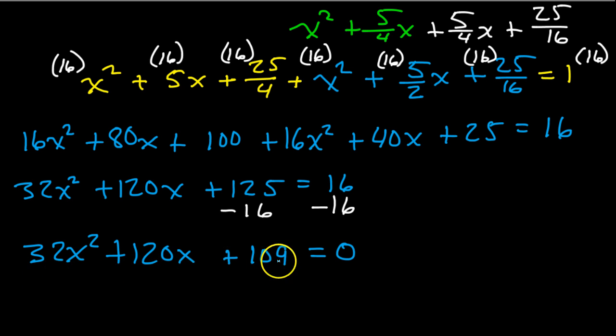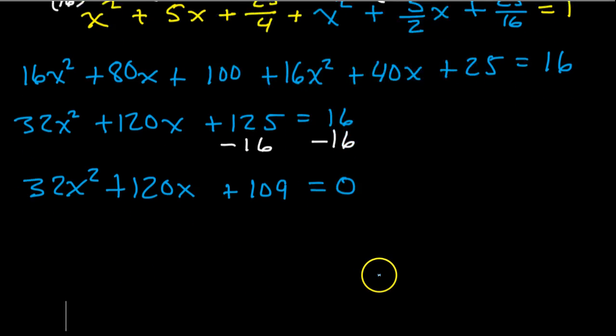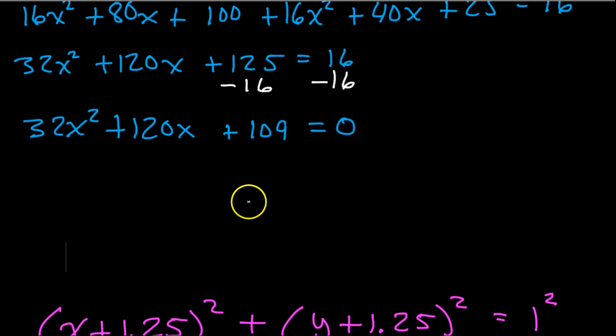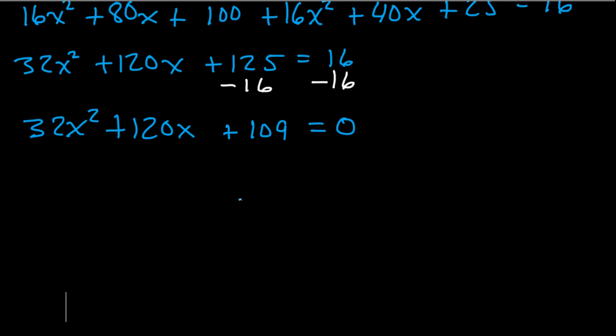So I'm looking at this and I'm thinking quadratic formula. If these numbers were smaller, I might try to factor it. But they're very large. So let's do the quadratic formula. So you know how the quadratic formula works.